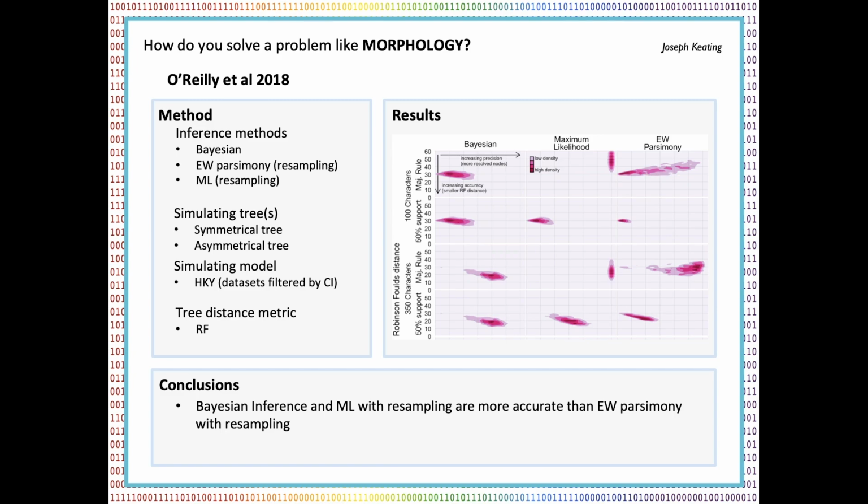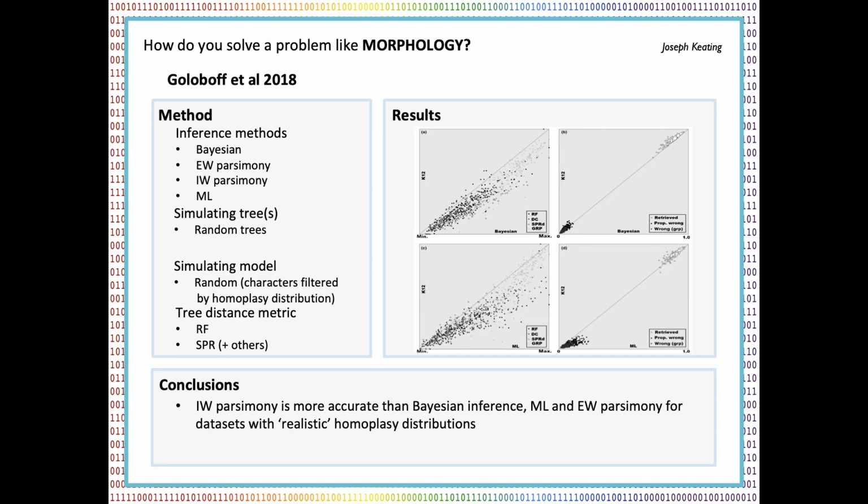Building on their previous studies, O'Reilly and colleagues then conducted a further study in which they incorporated resampling for maximum likelihood and parsimony estimation. They found that probabilistic methods that take uncertainty into consideration were more accurate than equal weighting parsimony. Pablo Golubov then entered the debate.